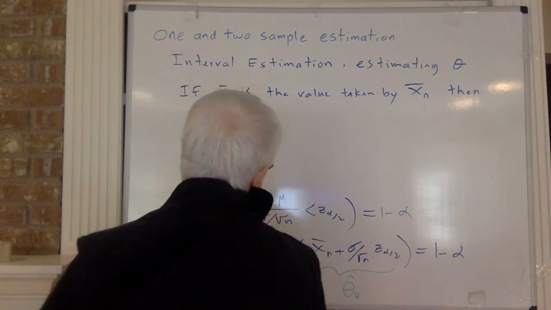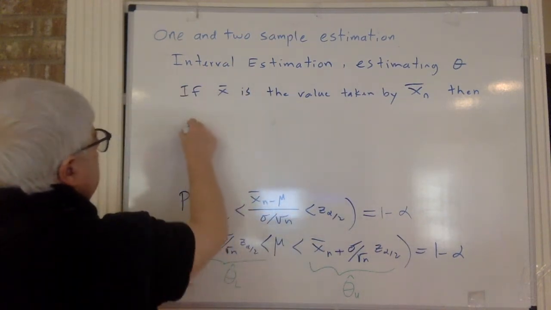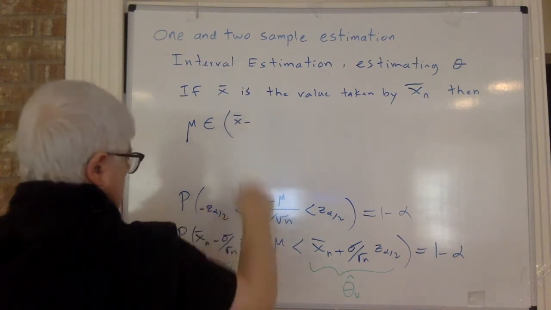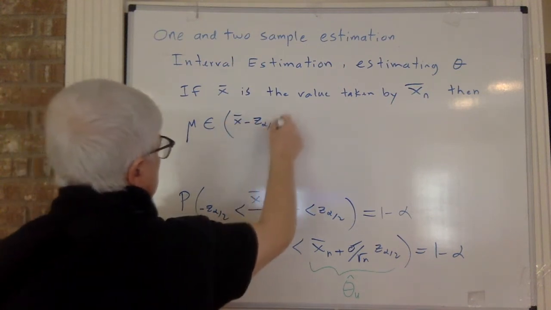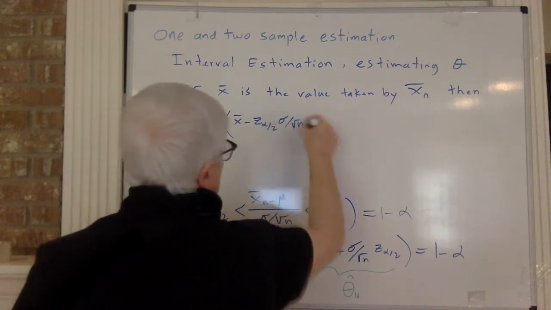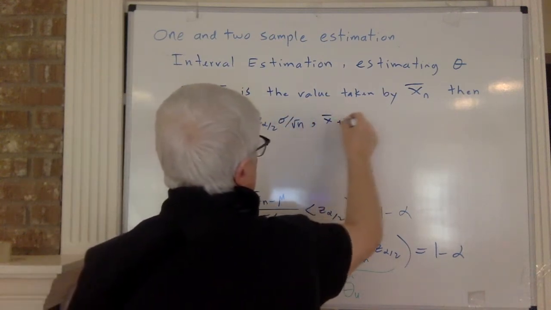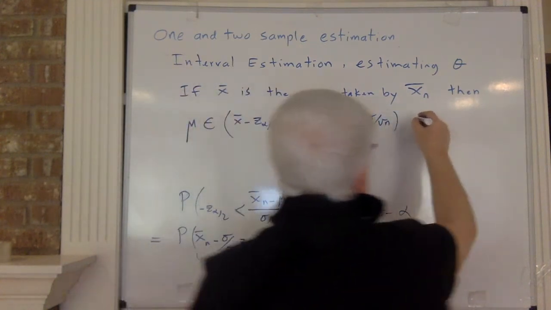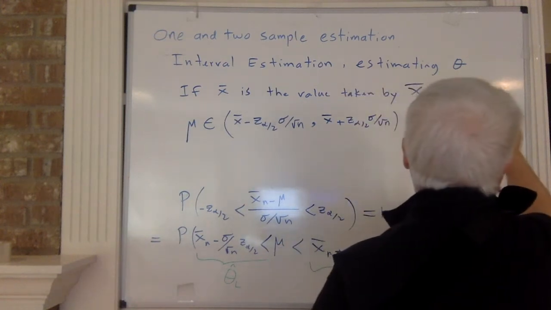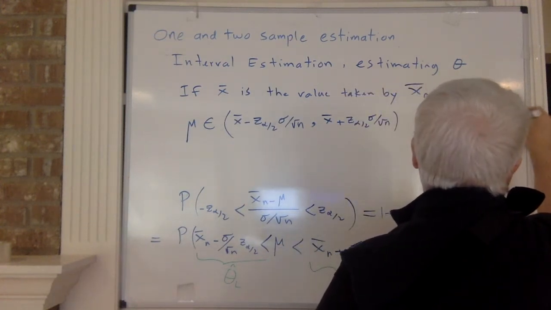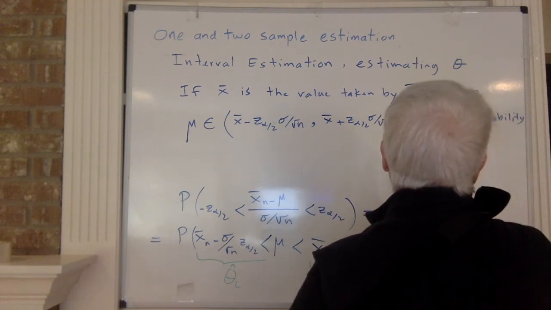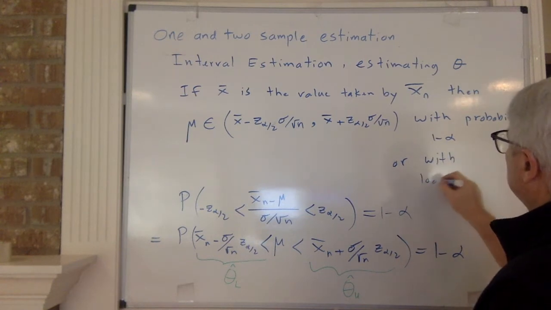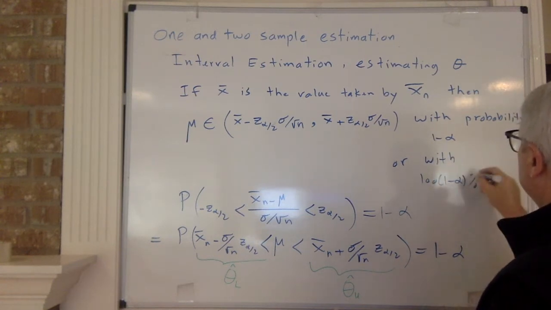We can say that μ lies in this interval: x̄ minus, well, usually we write this one first, z alpha over 2 times sigma over root n, comma, x̄ plus z alpha over 2 times sigma over root n, with probability 1 minus alpha, or with 100 times (1 minus alpha) percent confidence.